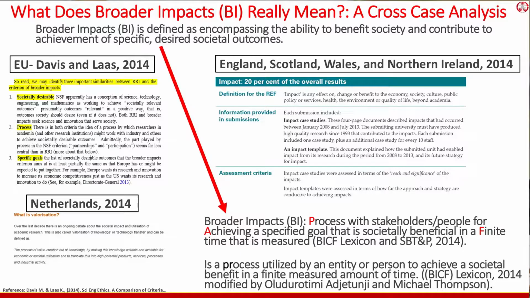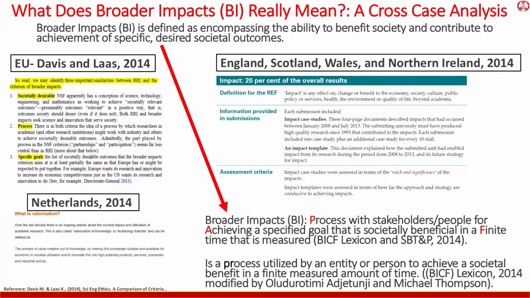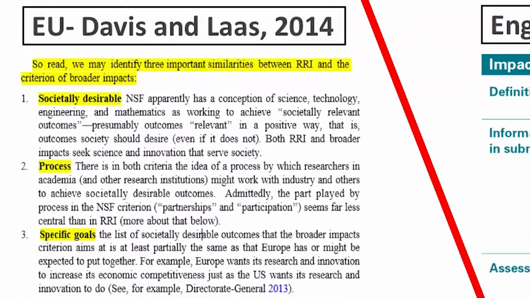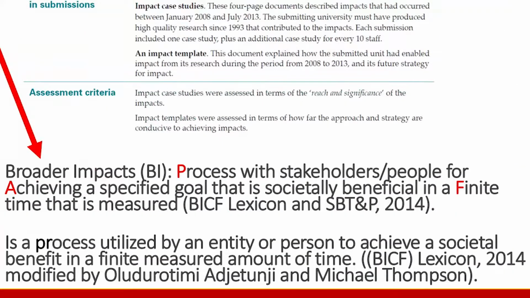Because if all of them are broader impacts-like, we should be able to take that and streamline that down so that we can get a very good conceptual understanding of what this thing is at its core level. And so there were really three things that came out, and you can see that in the yellow: something that's societally desirable, a process, and specific goals. After looking at all of those and putting things together, we get broader impacts, a global conceptual definition.